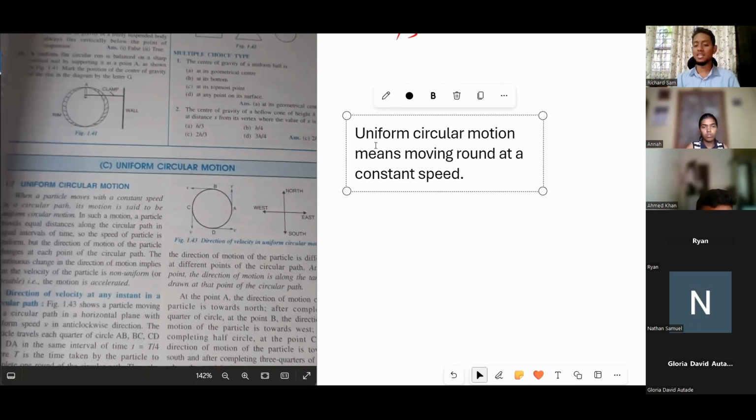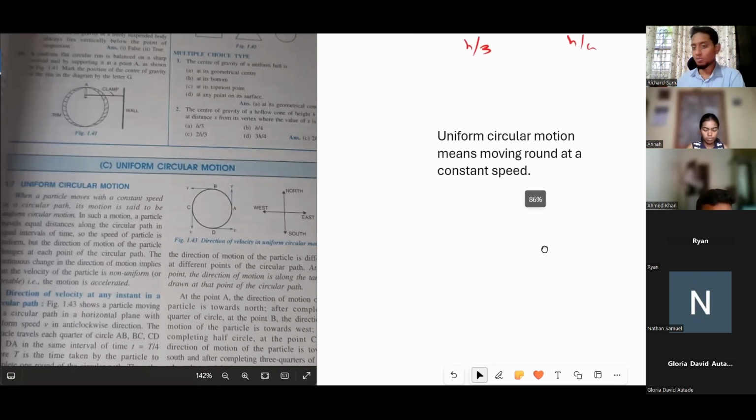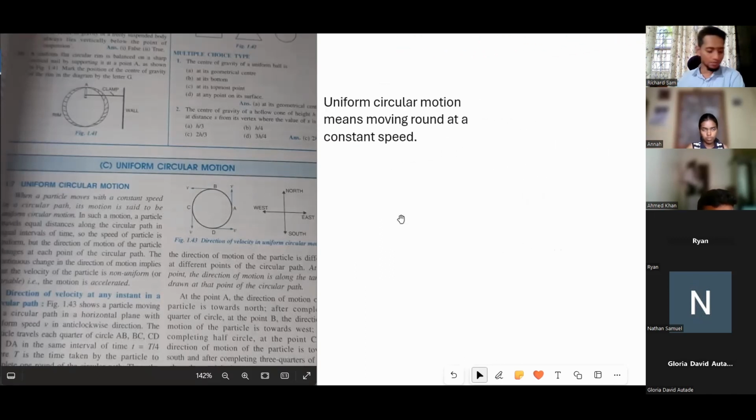Okay. Now, can we say moving at a constant velocity? Oh, that's different. Is speed and velocity the same? No, they're not the same. They're almost the same, but there is a difference. What's the formula for speed? Distance upon time.